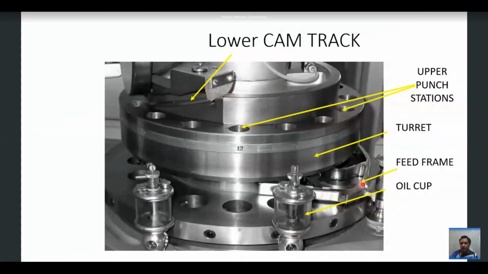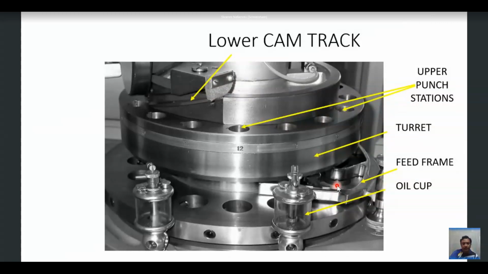So what is the main purpose of the feed frame? The main purpose of the feed frame is to hold the granules. So where will the granules be held? Can you see here? This is the port. So here the granules are placed. Similarly, you have one more port over here. Likewise, you have some other ports on the rear side of the machine. And if you carefully observe the feed frame, can you see here there is a small opening at the bottom of the feed frame.